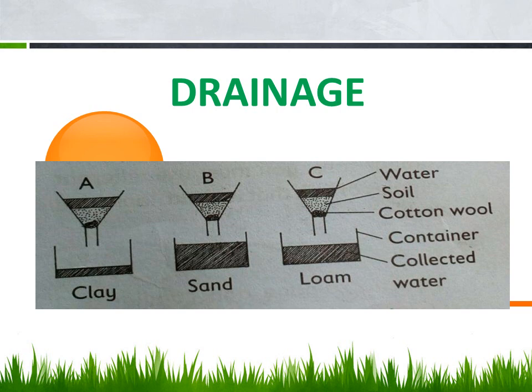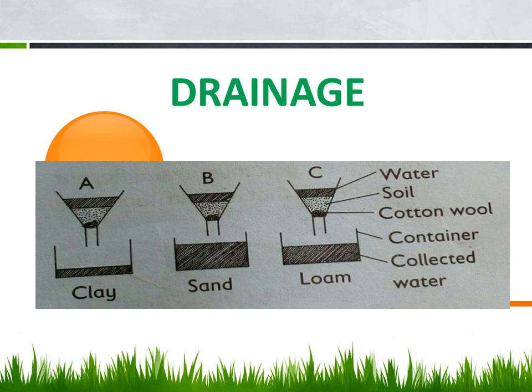Pupils, you have to put the cotton wool first in each funnel. Then you put soil samples, that is clay, sand, and then loam soil. Then you put water, then you observe.